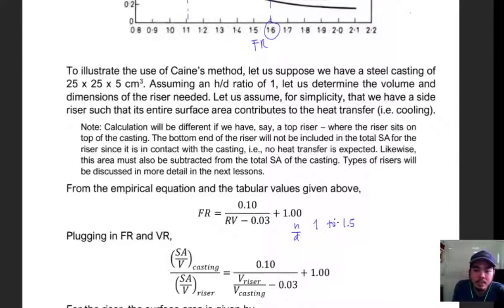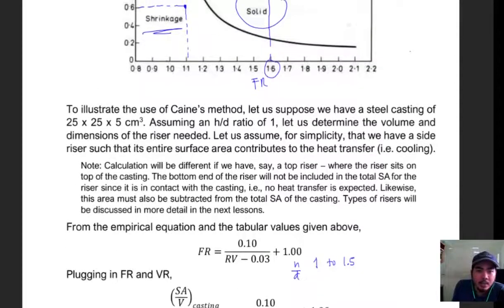These are the so-called compact or stout risers, no? Anything larger than this is a tall riser, no?